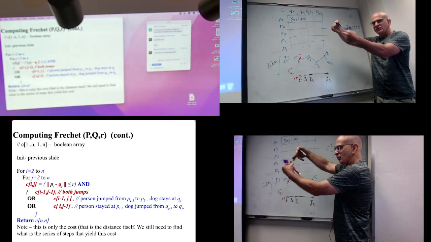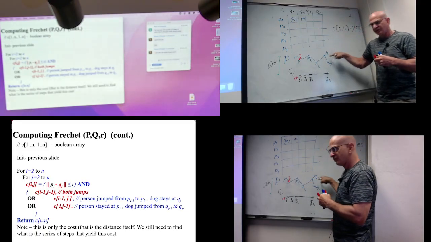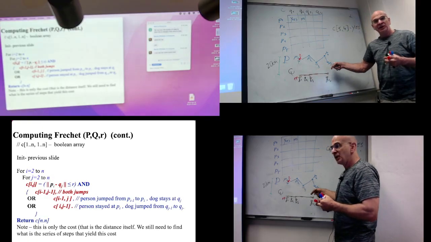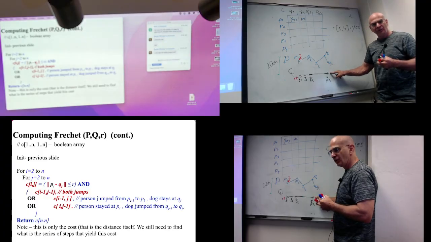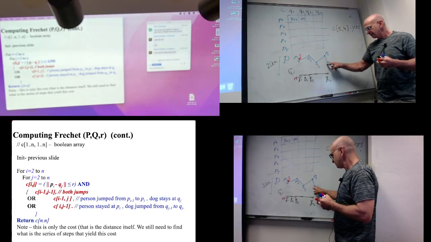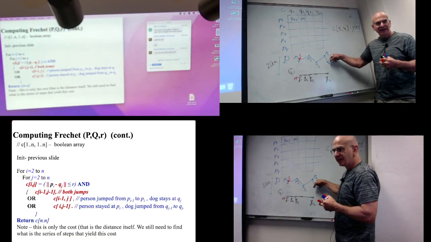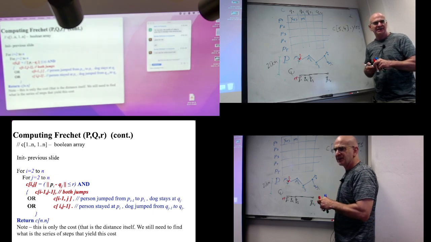We're talking about the whole Frechet distance of the prefixes. In particular, now I'm looking at the whole prefix of P, which is the whole of P, and the whole prefix of Q, which is the whole of Q, and they must end at P5 and Q4. When the person is at P5, the dog is at Q4. Maybe there are other times that the person is at P5, but definitely in the last step. That's where they end their trip.